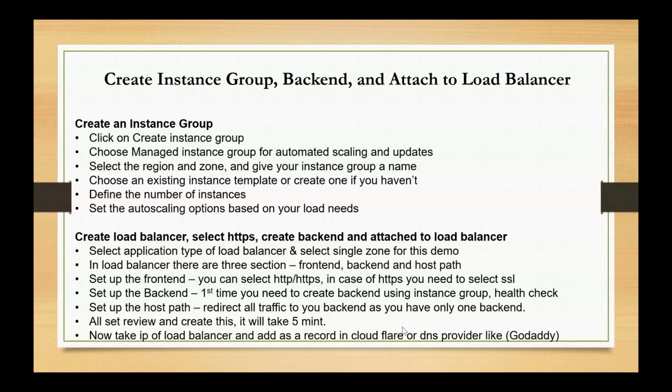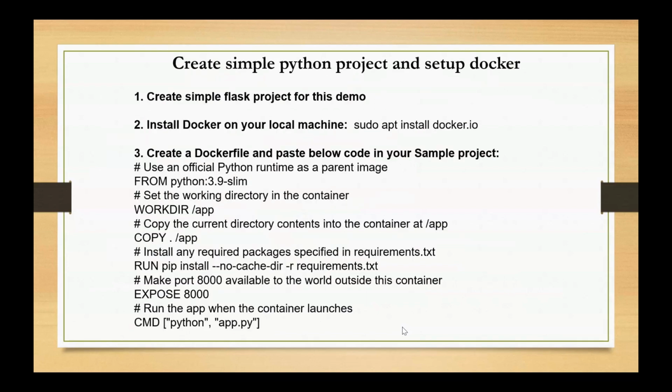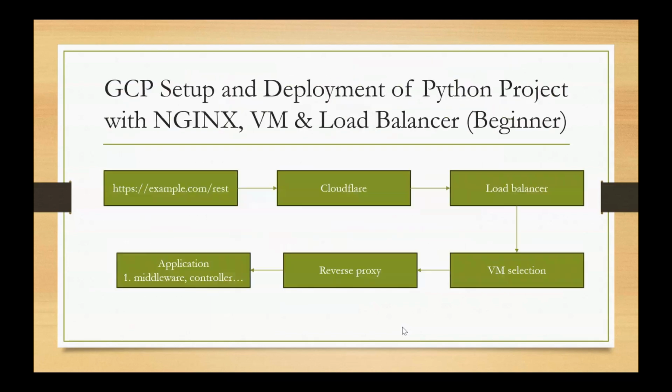If after GoDaddy you also have, let's say, Cloudflare, then you need to add it in Cloudflare. I usually recommend people to use Cloudflare because you can add some sort of security layer there. I just want to show you this.